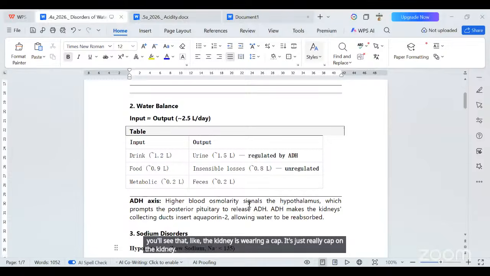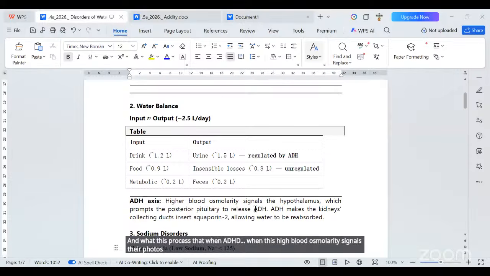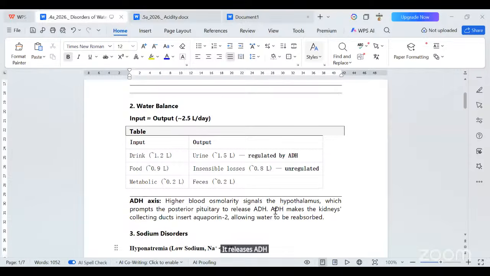So when there is high blood osmolarity, it signals the hypothalamus in the brain, which releases ADH, and then what ADH does is it makes the kidney's collecting duct insert aquaporin 2, which is used to reabsorb water.